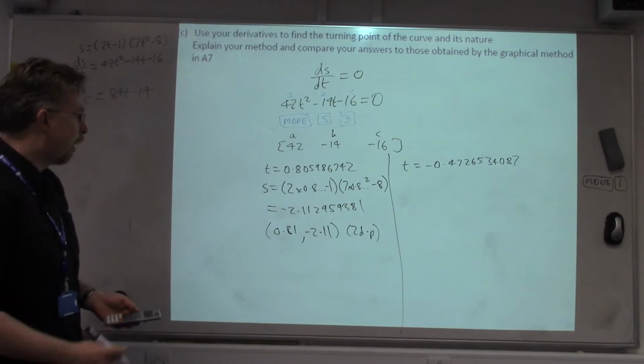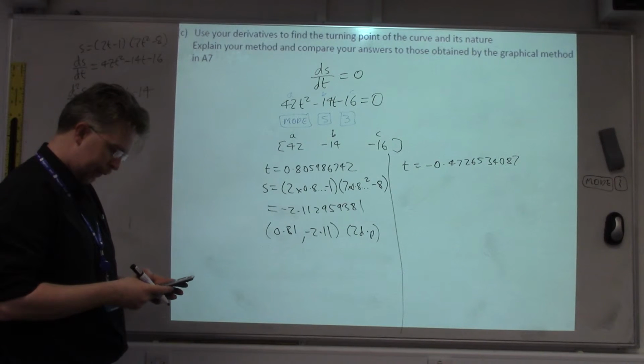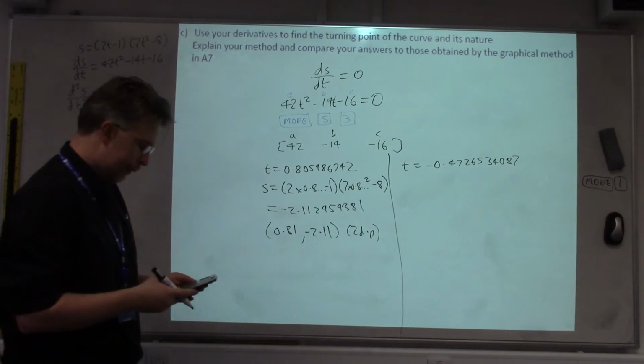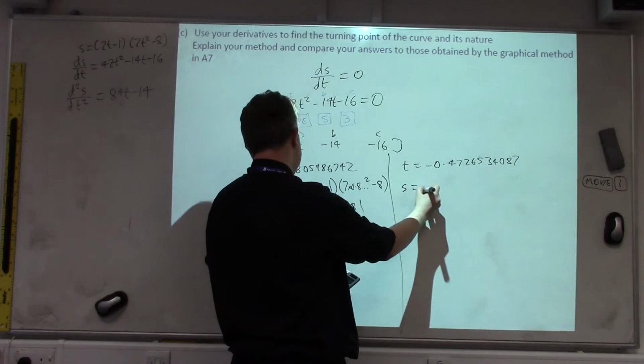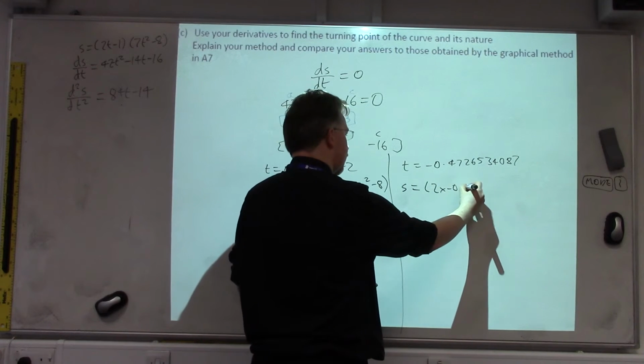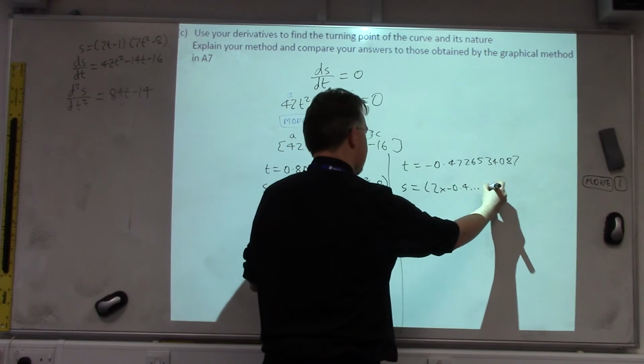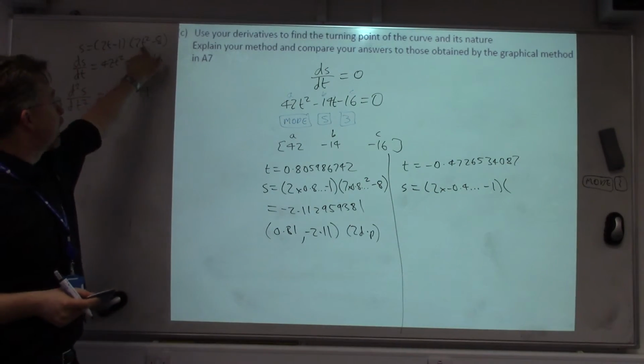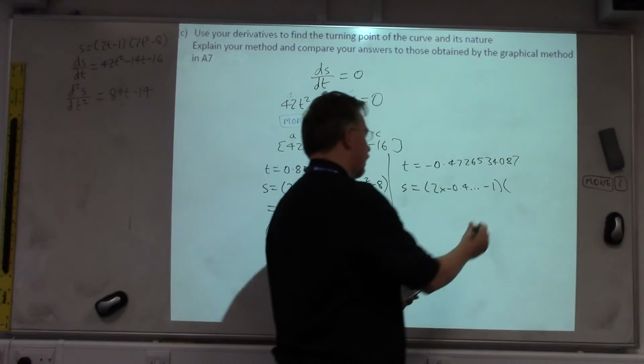Same sort of idea with the other value. Again, I stick it into the s formula, the s formula being 2t minus 1 times 7t squared minus 8.